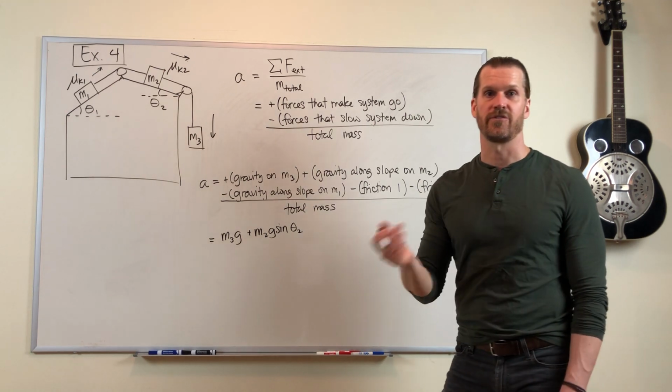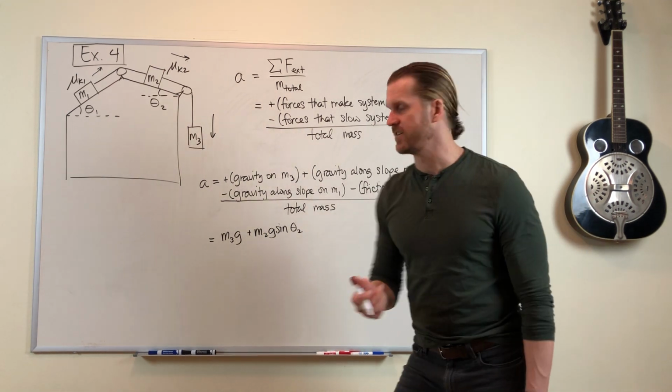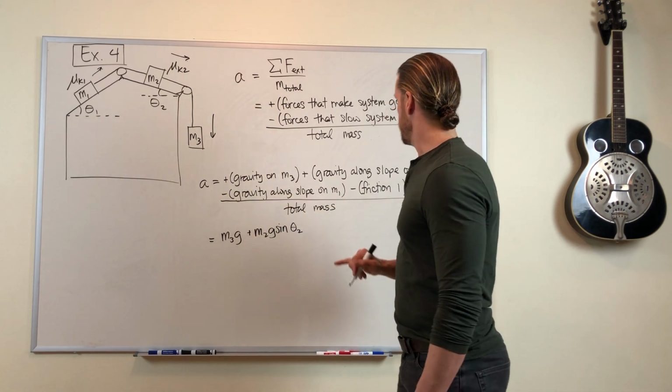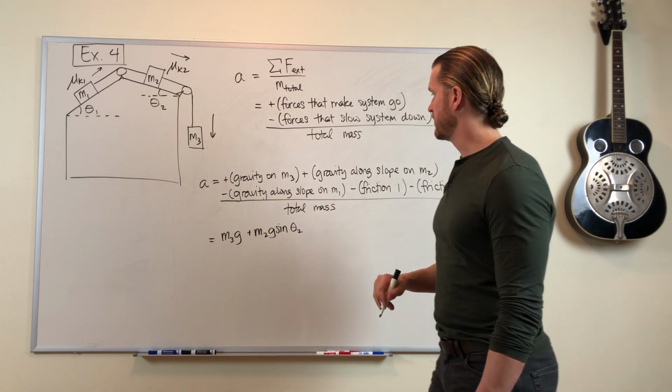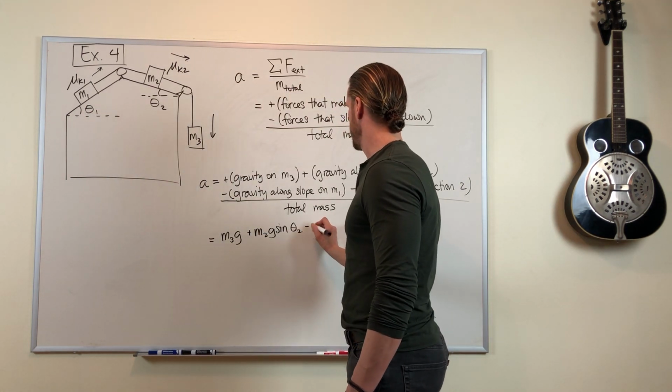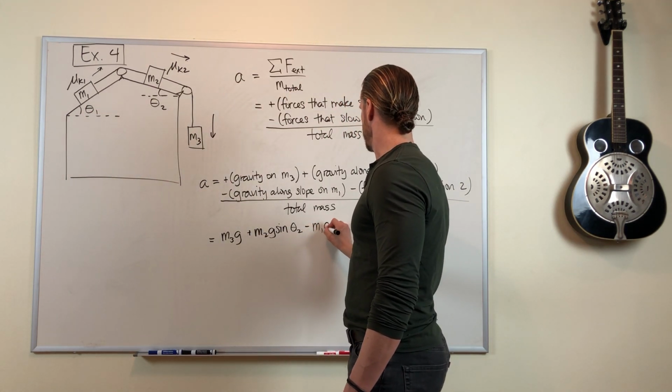You can go consult previous slope problems we've done to see where that comes from. Next, gravity along the slope for M1, that gets subtracted. It's that same formula.